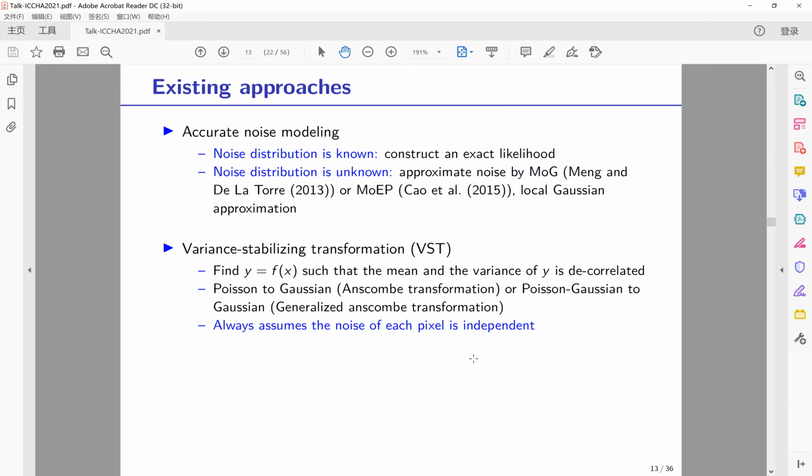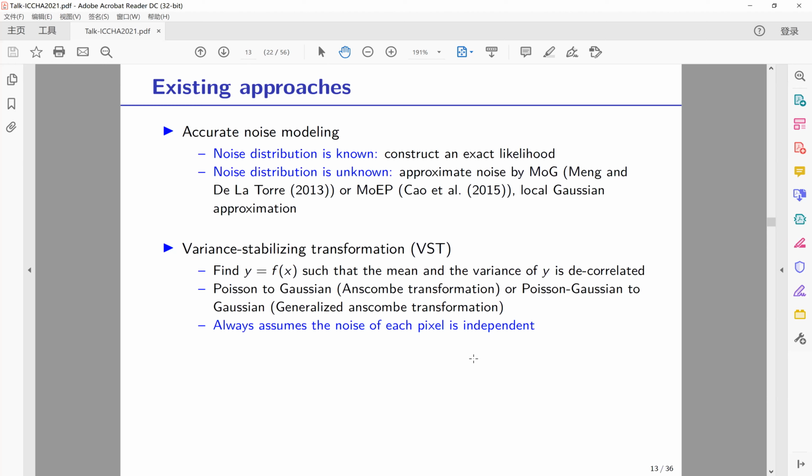Actually, we already have many approaches. For example, we can use a mixture of Gaussians to model this likelihood, or we can use a mixture of exponential families to model this likelihood. The other approach is to use VST transformations, where I want to find some transformation such that we can decorrelate the variance and the mean.